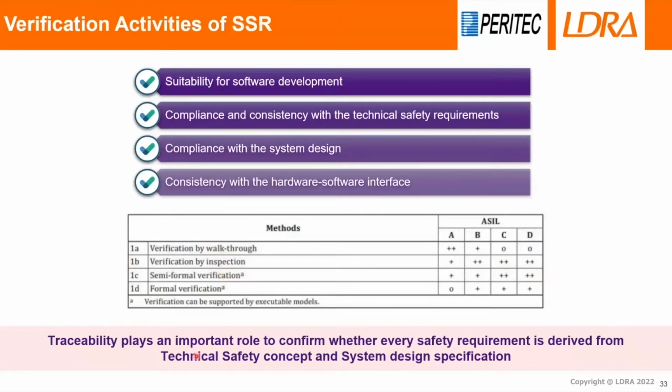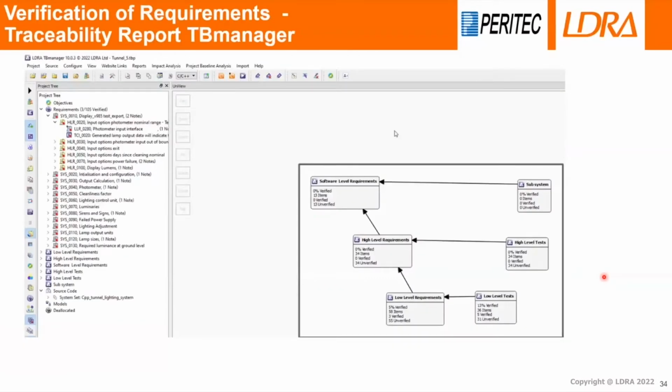So traceability plays an important role in verifying the software safety requirements. Ensure that you are able to establish the traceability and show it as evidence. This is one of the screenshots from the LDRA TBmanager tool module, which gives you the traceability of the requirement document. You can see that from system level requirement to high level requirement to low level requirement, you can establish the traceability reports, and also the unit level, integration level, or system level tests are performed based on the requirements.